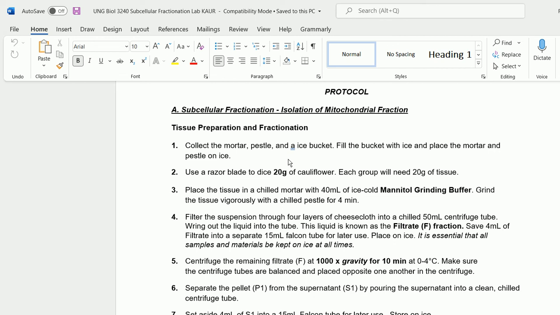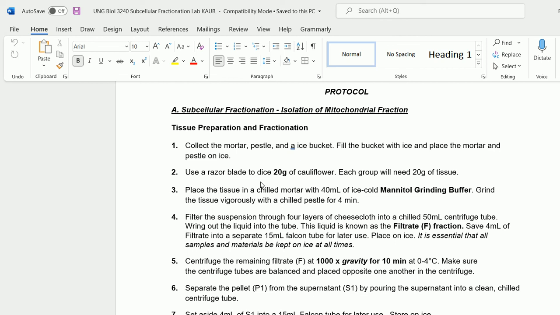Now here is a very important precaution: this homogenate has to be made very nicely, because if it is not, then you will not be able to isolate nucleus and mitochondria. So be patient, spend some time, make a very nice homogenate, and keep grinding your cauliflower cells with this buffer. After it is done, filter the suspension through 4 layers of cheesecloth into a chilled 50 ml centrifuge tube.